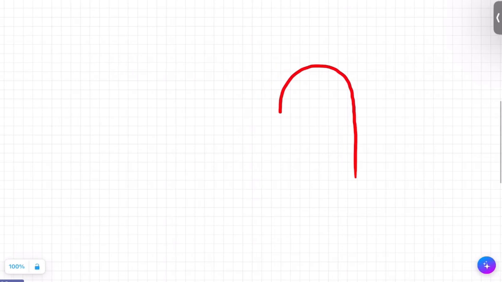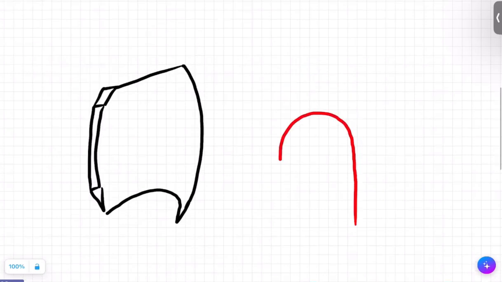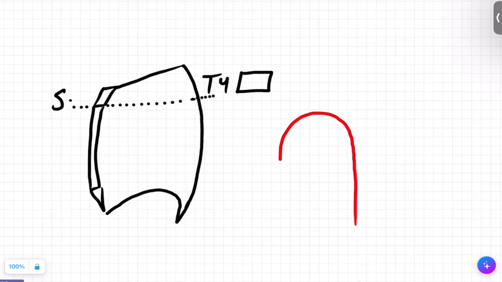If you remember the first class when I told you about the mediastinum, this is the sagittal section of the thorax. I had told you there is an angle known as the sternal angle, and a plane passing through the sternal angle divides the mediastinum into superior and inferior parts. I told you that is at the level of the lower border of the T4 vertebra and the sternal angle.